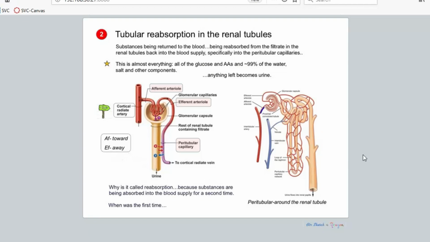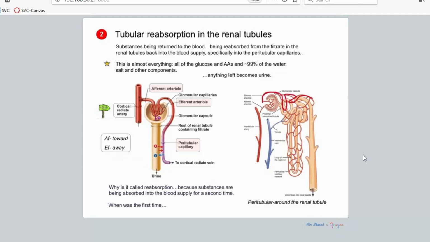Here we have an afferent arteriole that feeds the capillary bed, and it's drained by an efferent arteriole. And then let's take a look. There's the glomerular capsule, and here is all the renal tubule. And I want to point out here, this is important to note, that the efferent arteriole becomes this second capillary bed.